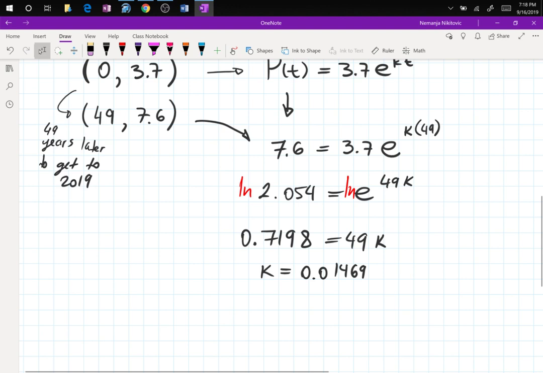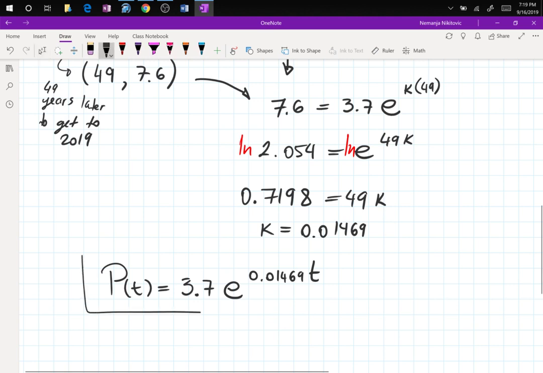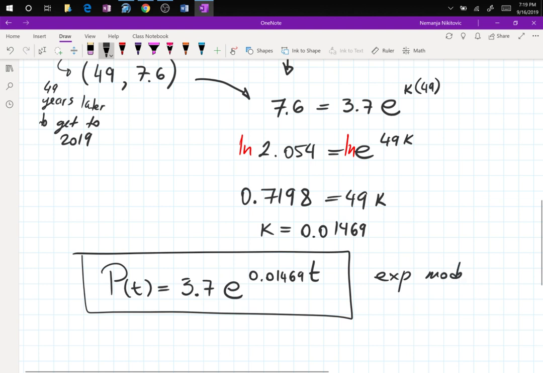So with this, I have the population model for the world population starting at 1970. So P of t equals 3.7 e to the 0.01469 t. And this would be the exponential model of world population, right?